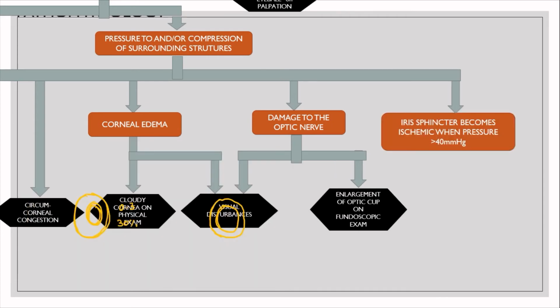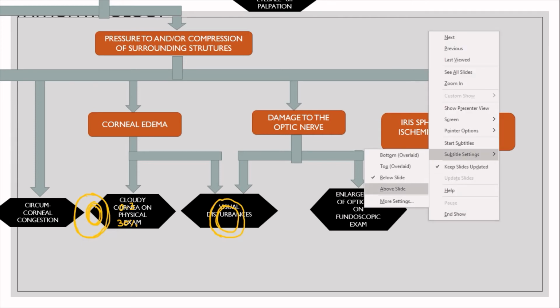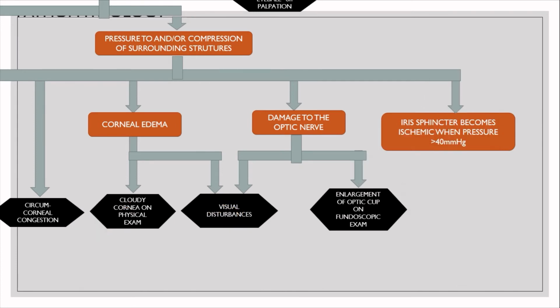And next, the iris sphincter becomes ischemic when pressure is more than 40 millimeters mercury. So let's remove this. Our iris is supplied by marginal arcades of blood vessels, and since these blood vessels are also located at least partially in the anterior chamber, increased pressure will compress these vessels, and thus there will be limited blood supply.